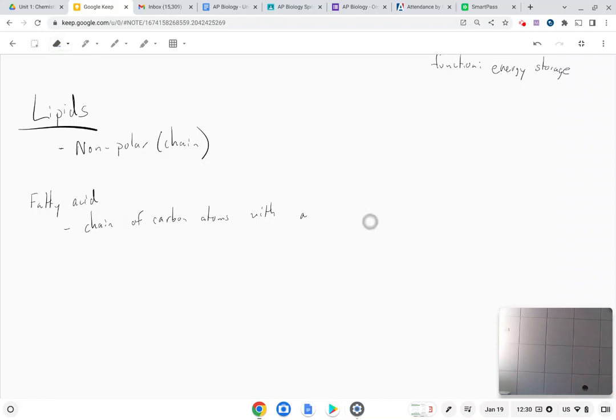You guys probably can't read that. Let me write that a little more clearly. Carboxyl group. Underline carboxyl group because that's an important functional group that I want you guys to know.